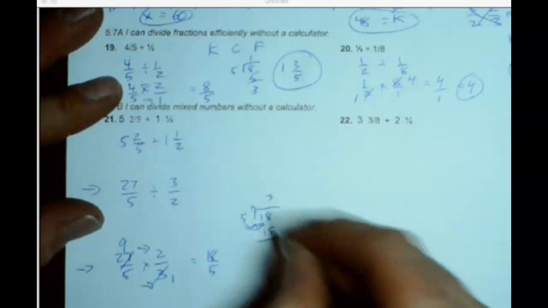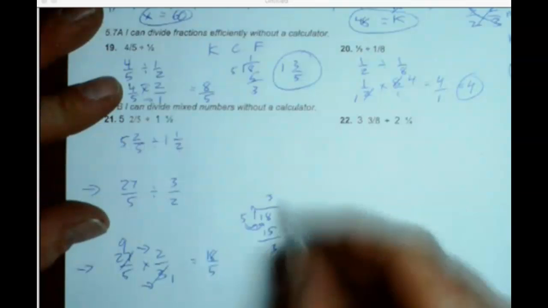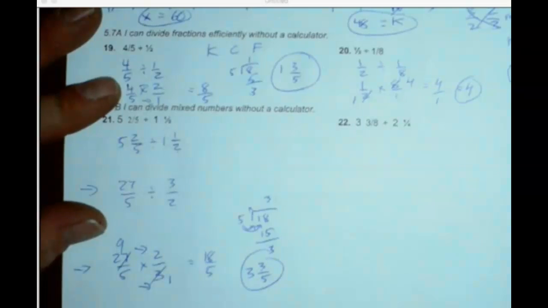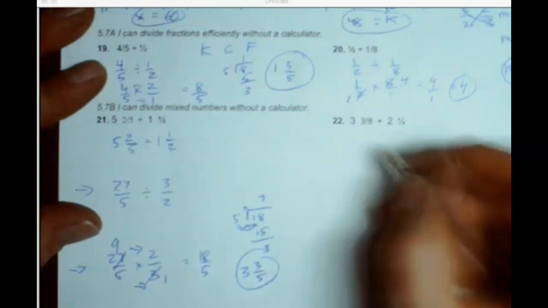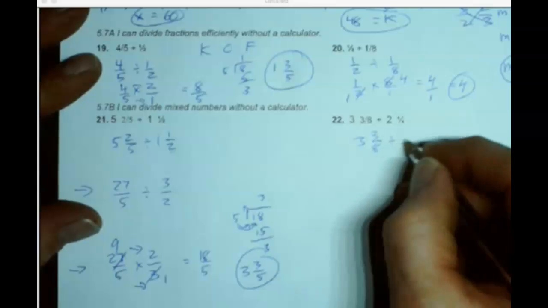If I subtract out, I've got a remainder of 3. So it goes in there 3 whole times, and there are 3 parts remaining out of 5. 3 and 3/5.